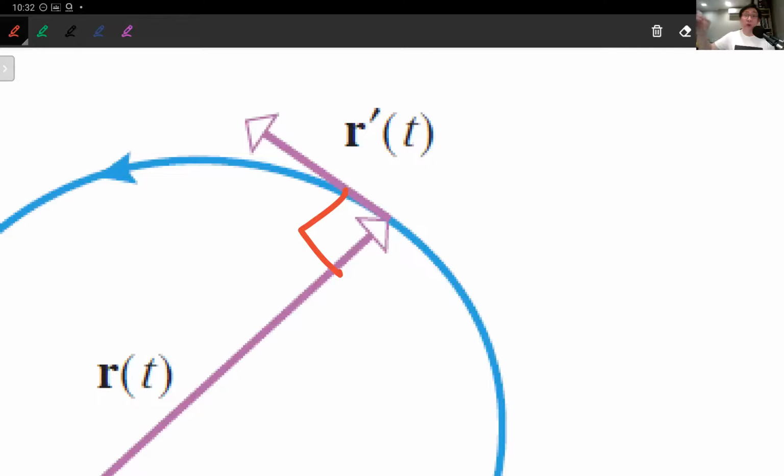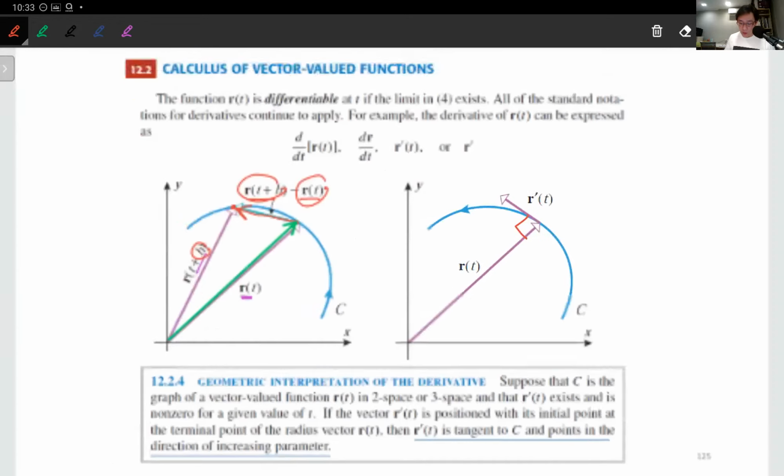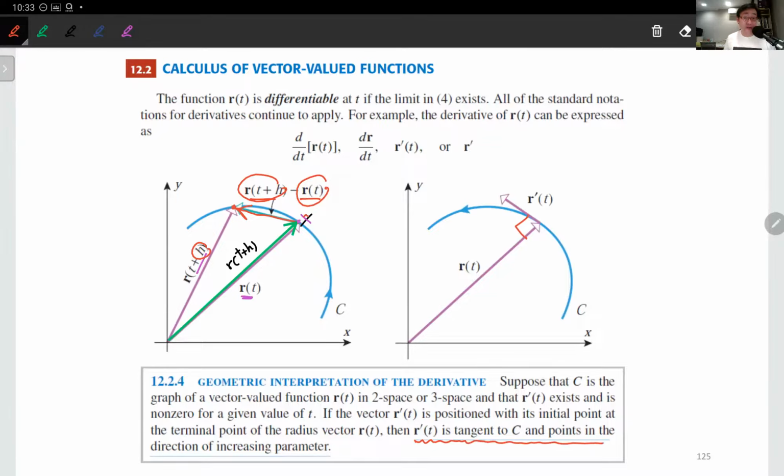Everything that is perpendicular to the radius is going to be the tangential direction. So that means r prime, the derivative of r, is going to be tangent to the curve. Wow, very cool. And that's why it says, here we go, r prime, the derivative of r, is tangent to the curve at points in the direction of increasing parameter.